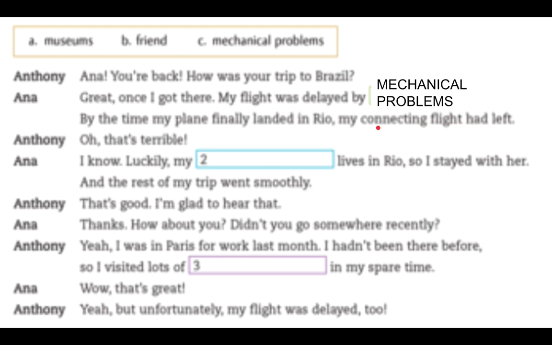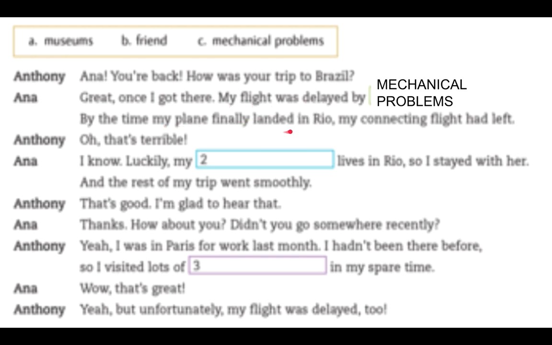So it's a big problem. Oh, that's terrible. So bad. I know. Luckily we have some good news. So the first part was a problem. Her flight was delayed.